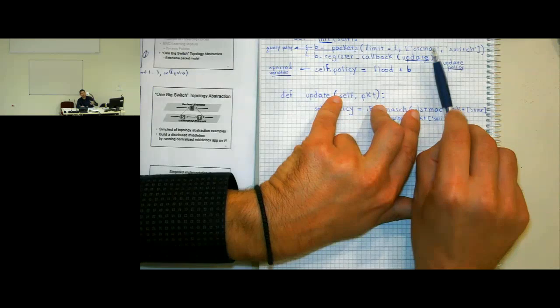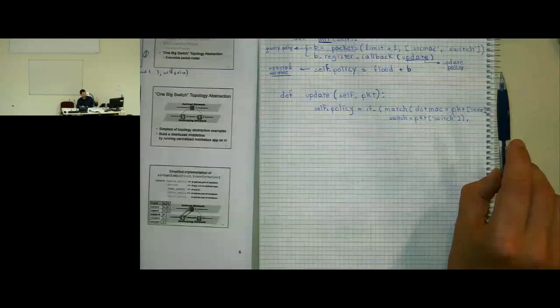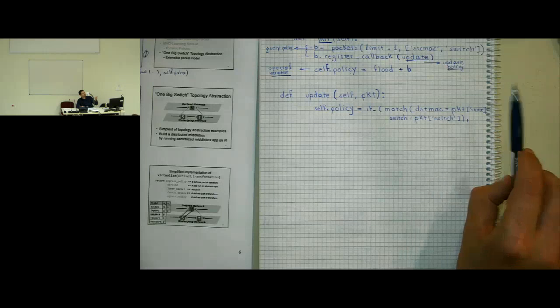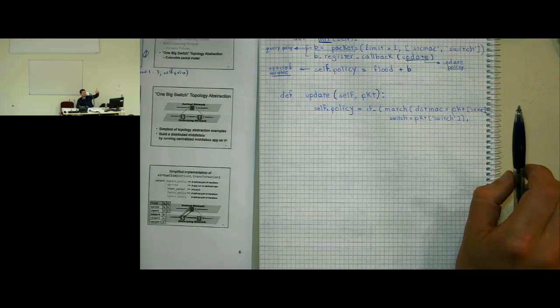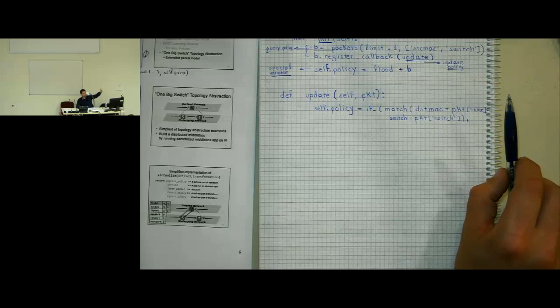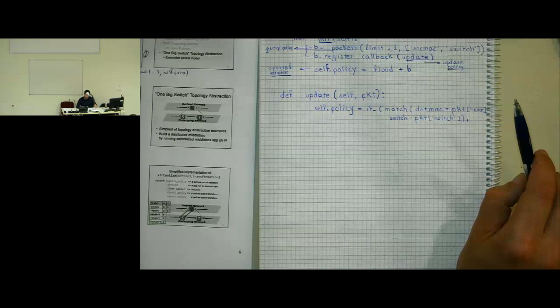Correct? This is what a learning switch does. You learn by looking at the source MACs, but you use the switch table to forward based on the destination MAC afterwards.